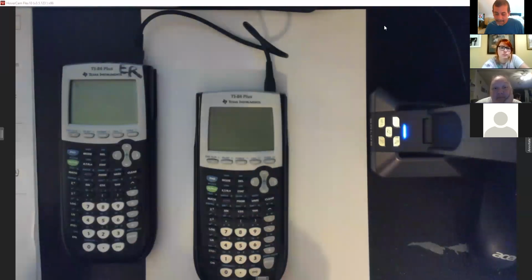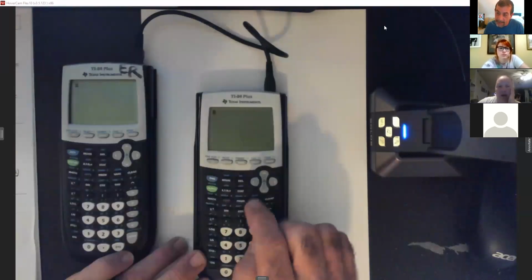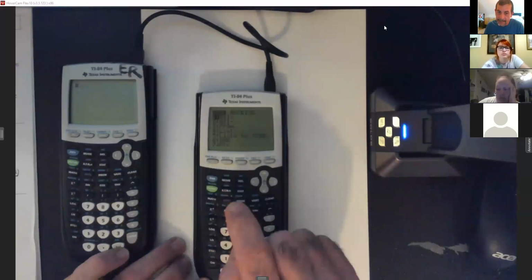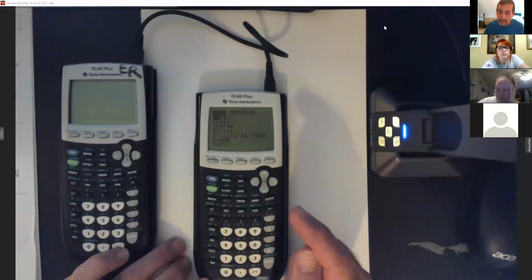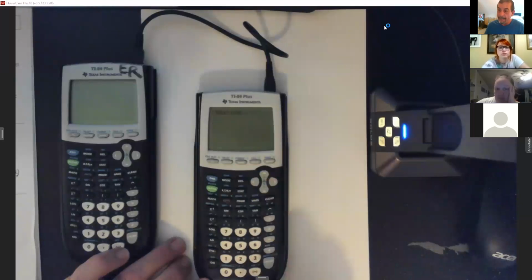But this is the calculator I got the programs in, going to the one that don't. So the first thing I do, the calculator that I'm wanting to put programs in, I'm going to hit second, and then the X to get the link. And I'm going to highlight receive and enter. And it says it's waiting. Then I go to my calculator and hit second link.